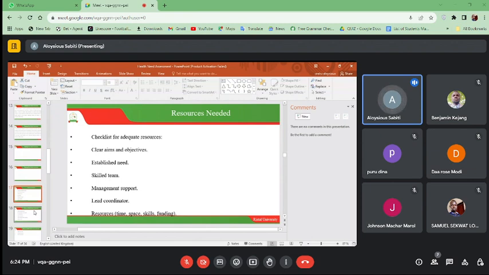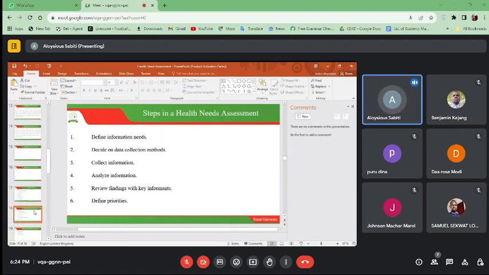And then you should be able to have a lead coordinator. If we're discussing a lead coordinator, then we mean someone who is going to oversee this process and is going to be able to report. And then we look at other resources such as time, space, skills, and funding.